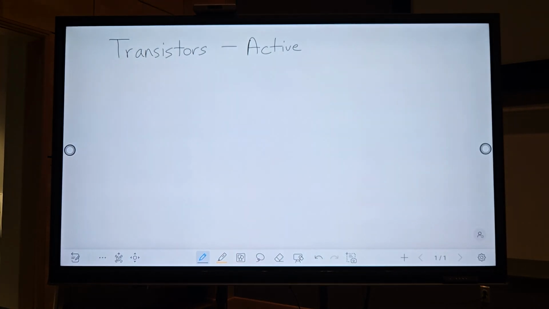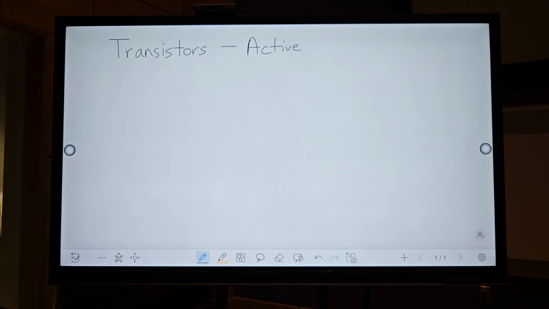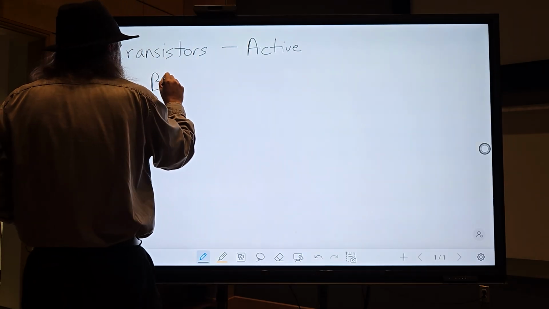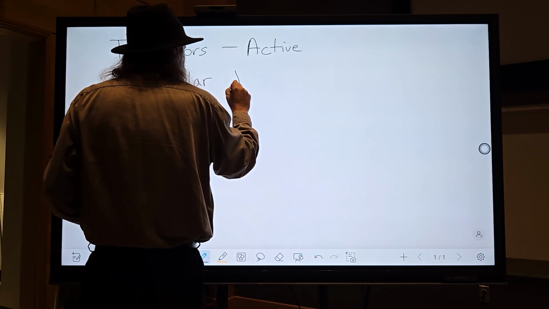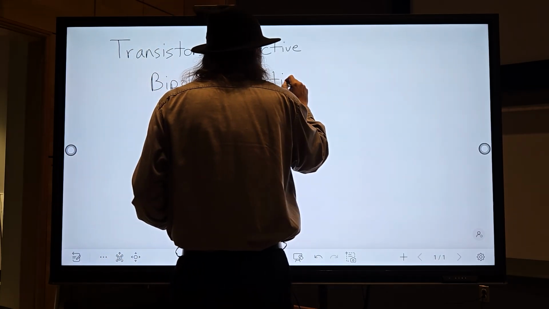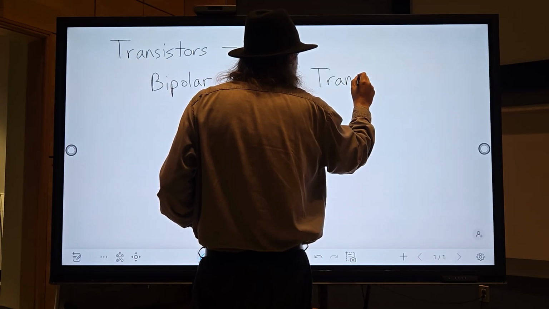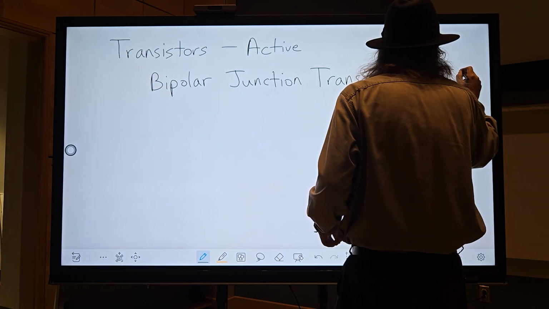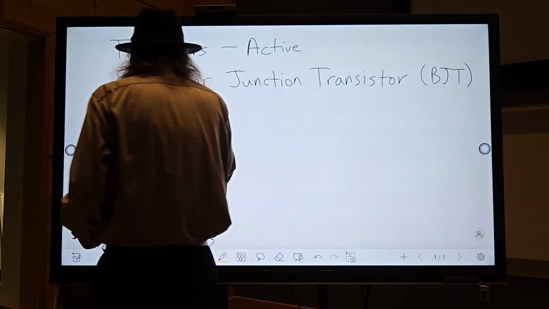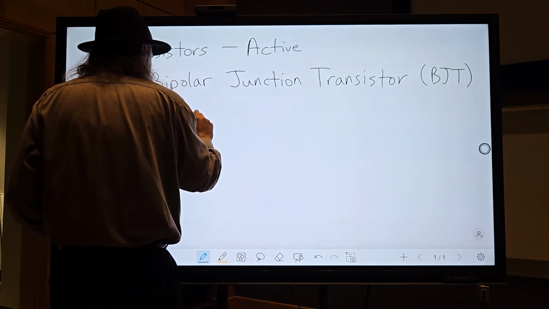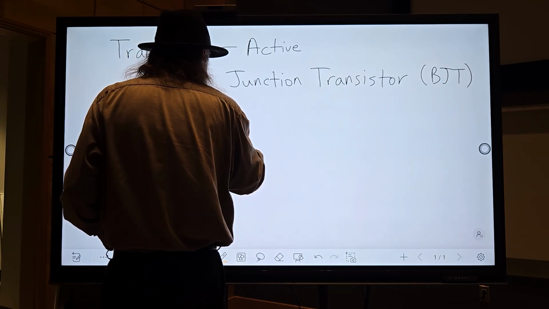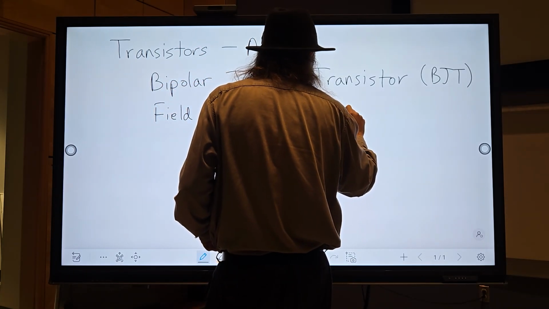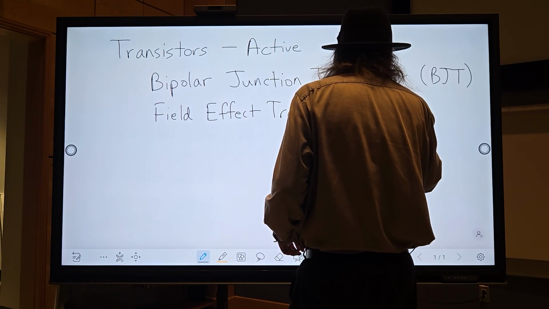There are two primary types of transistor: the bipolar junction transistor, also known as the BJT, and the field effect transistor, also known as a FET.